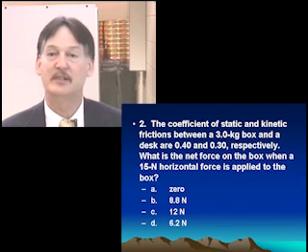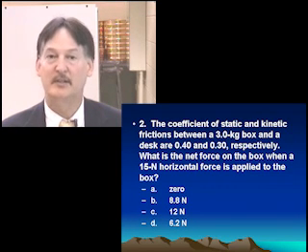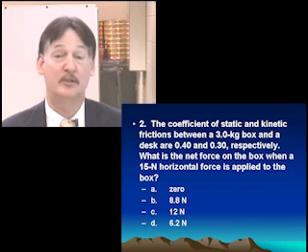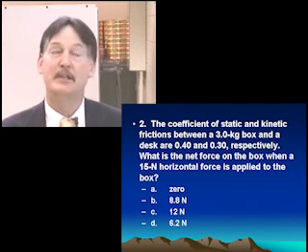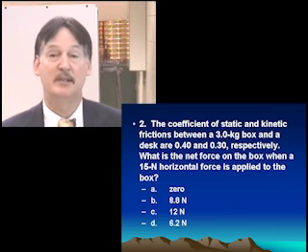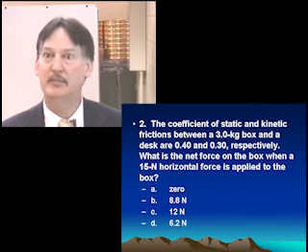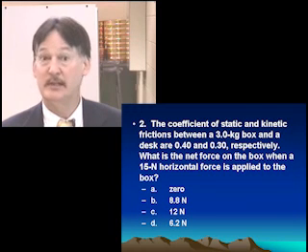The frictional resistance is calculated by the coefficient of static friction times the normal force. The coefficient of static friction is 0.4. And the normal force is the weight of the box, which is 3 kilograms times 9.8 meters per second squared, which is 29.4.